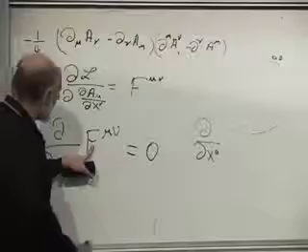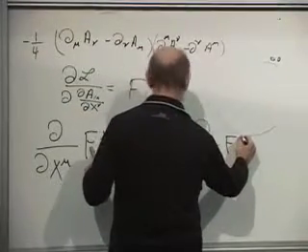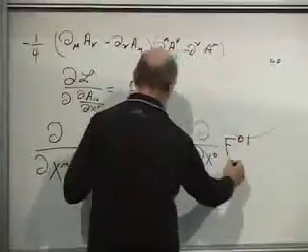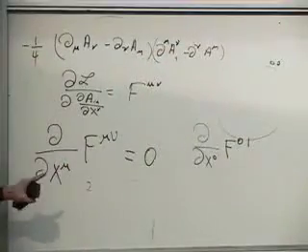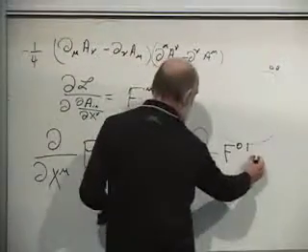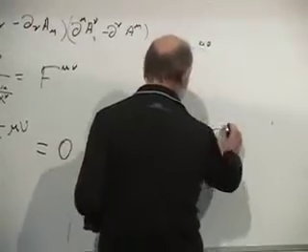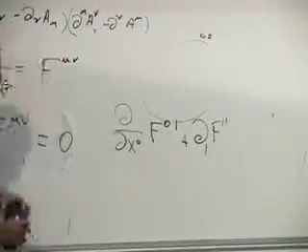derivative with respect to time of F naught 1. I'm setting nu equal to 1 now. So d naught F naught 1 plus, now we have d1 F11, but that's 0. F11 is 0.